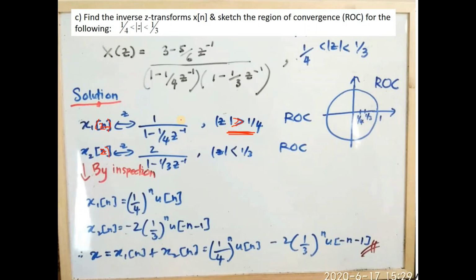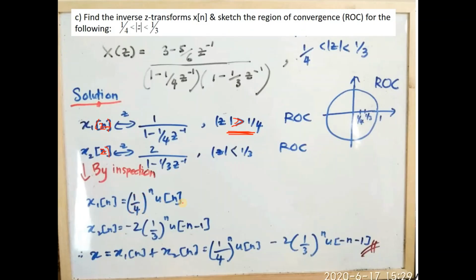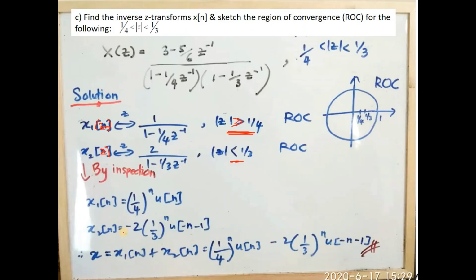For x1, the region is more than 1 over 4, which is this one, so you are going to use this equation. That's why you have 1 over 4 and un. For x2, the region is less than 1 over 3, so you are going to look at this equation. So you have minus alpha, minus 2, 1 over 3, and u minus n minus 1. Finally, you have the equation xn equal to x1 plus x2. So you get this equation as the final equation.